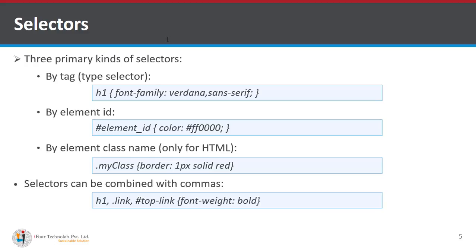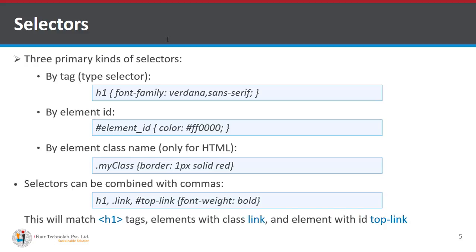You can see here, it simply means that you can also give the same type of styling to multiple elements. This will match h1 tag elements with class link and also with element ID top link.